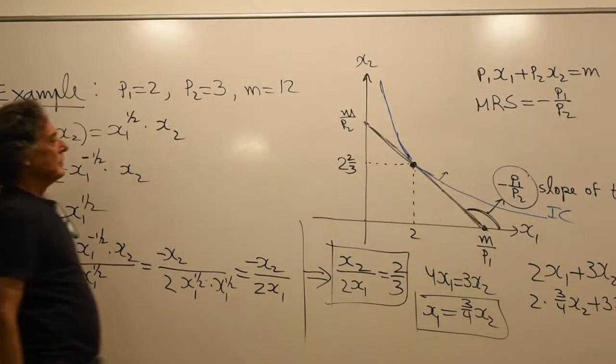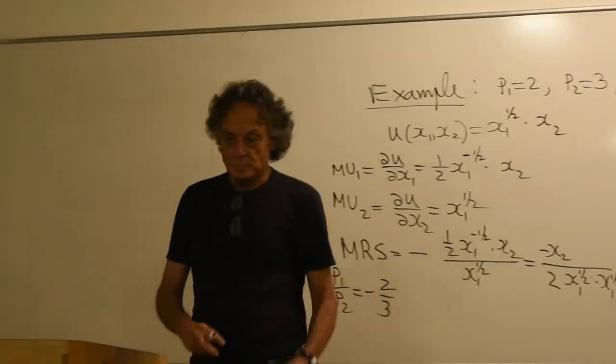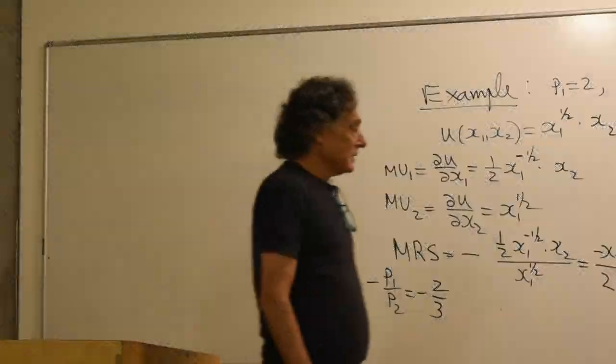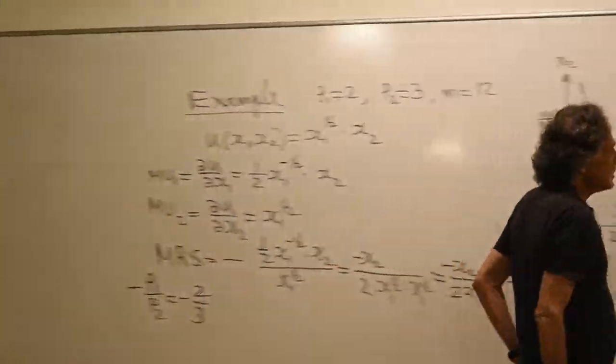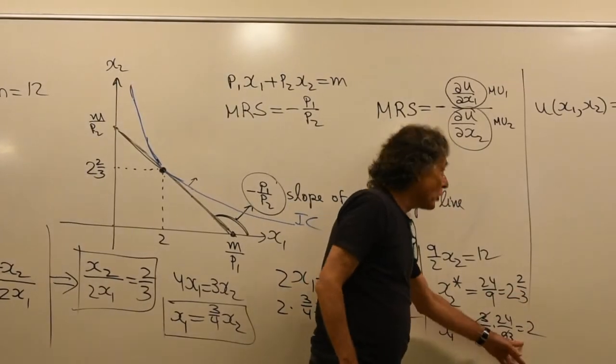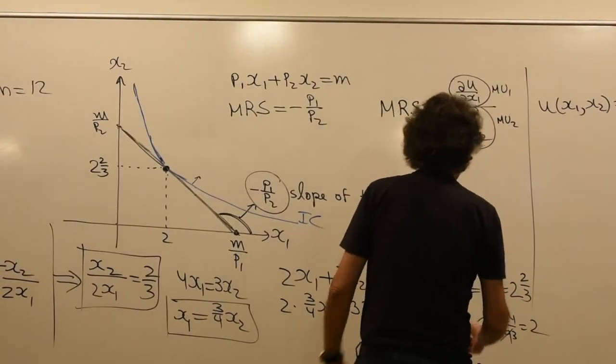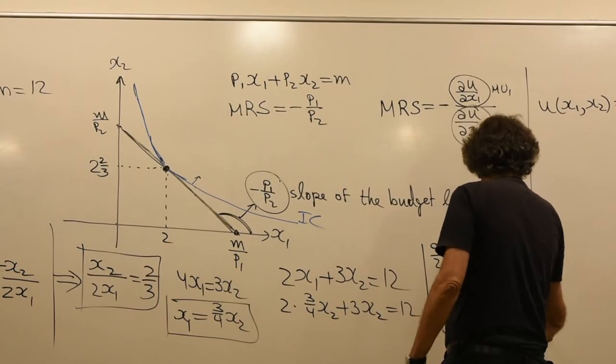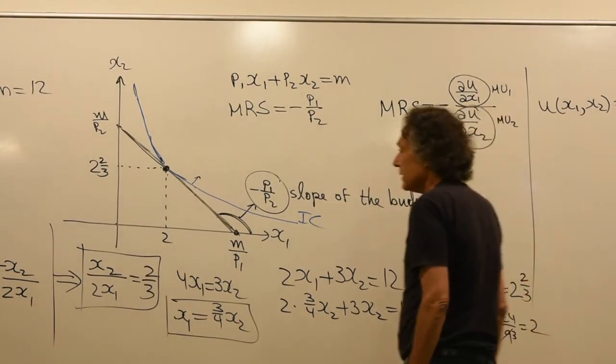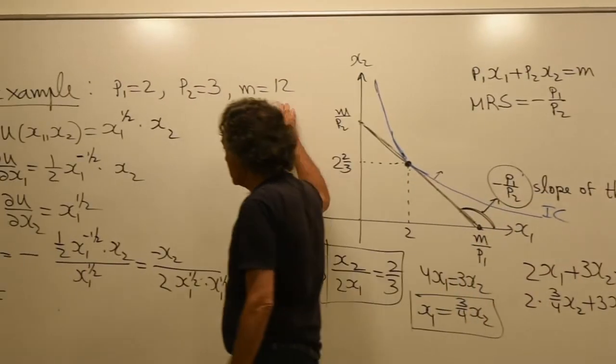And I found the optimal bundle. And by the way, obviously, I can just afford it, because if I multiply price 1 by this and price 2 by 2 and 2/3, I just get 12.